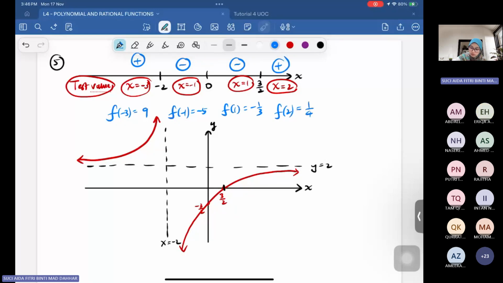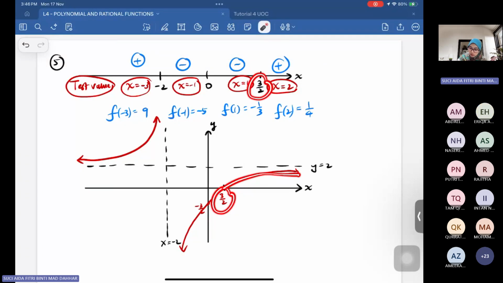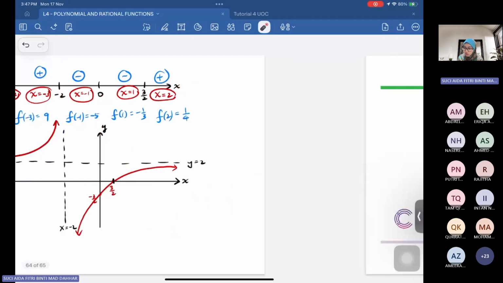So that's why after 3/2, the graph is above the x-axis. So you can actually add your x-intercept on the number line to get the test value. Okay, this is question 23. We've got 2 more. Okay, jump.